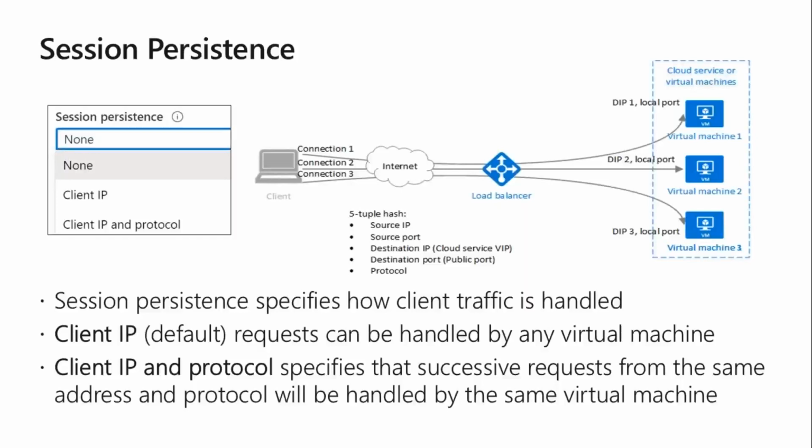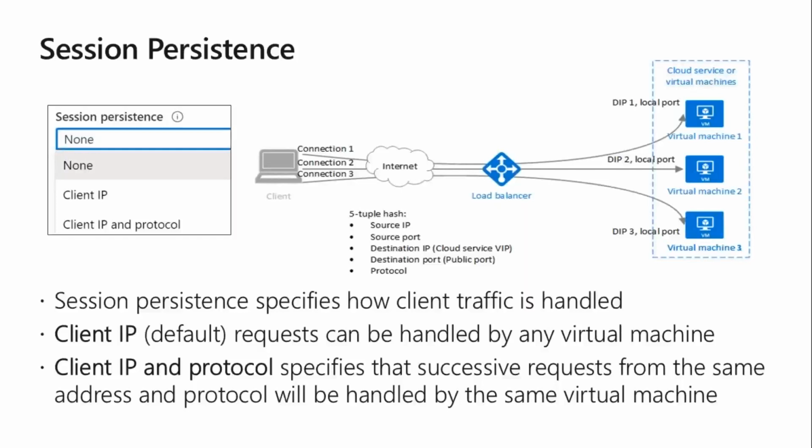So all the upcoming requests, whatever I make afterwards, will go to the same VM, because that VM responded to me the first time, and according to that response I made a session persistency, maybe from the client IP, or from the protocol and client IP together. It is like a sticky session, yes, sticky session you can say, and only that VM will always respond to me.